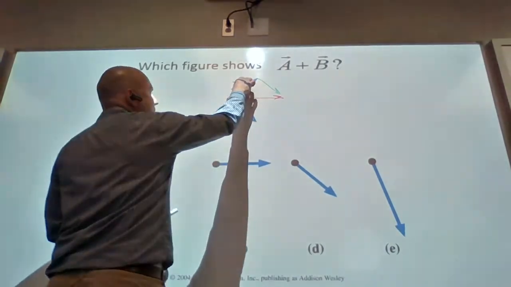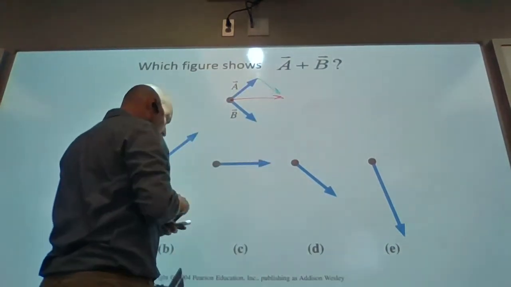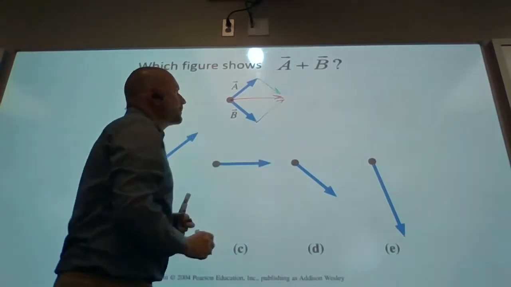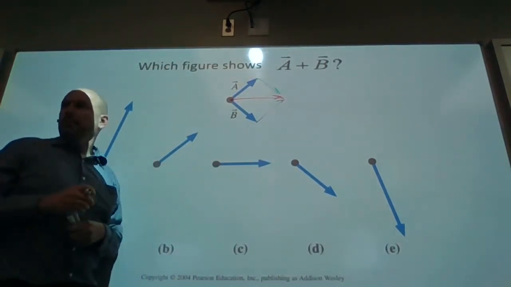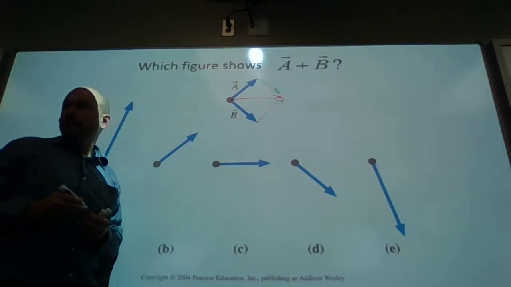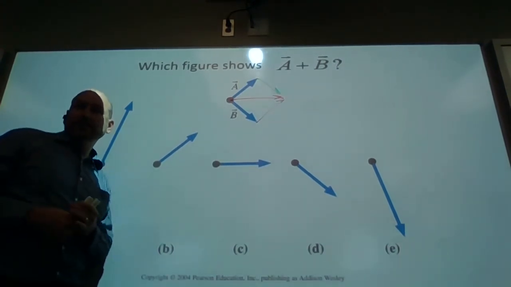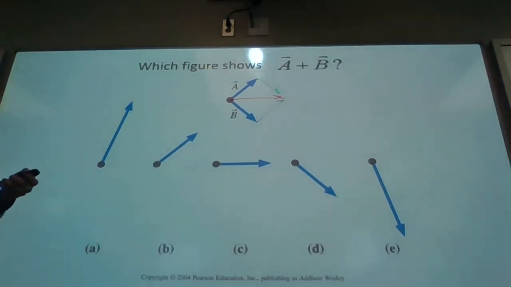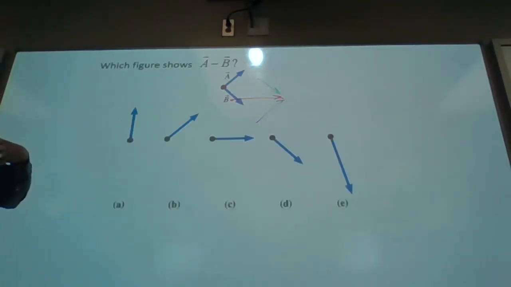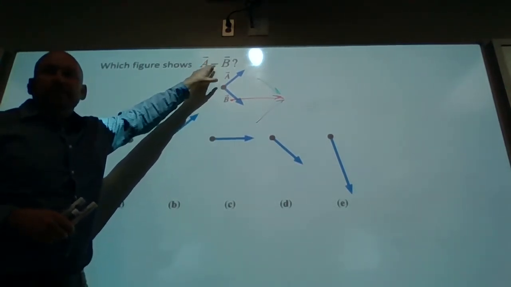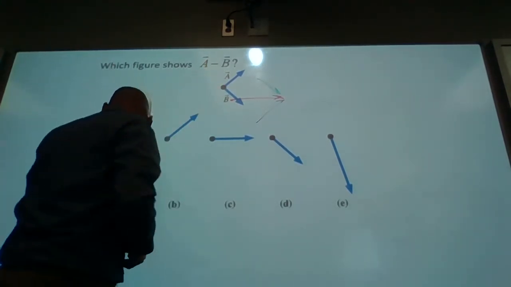Let's say we cut and paste A. Keep it parallel, same length. Correct answer is C. Okay. Watch for that.